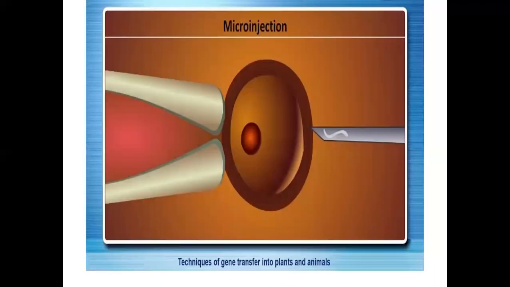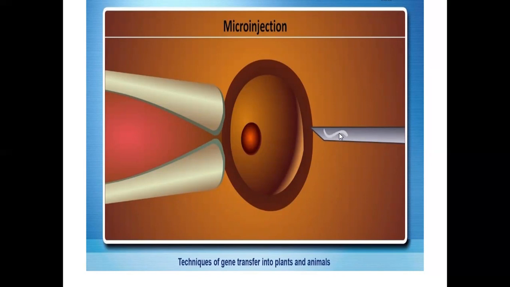Here is another type of micro injection. The target DNAs are directly injected into the nucleus through the micro injection. See here, the glass tube is called the micro injection needle. That micro injection needle is filled with target DNAs.